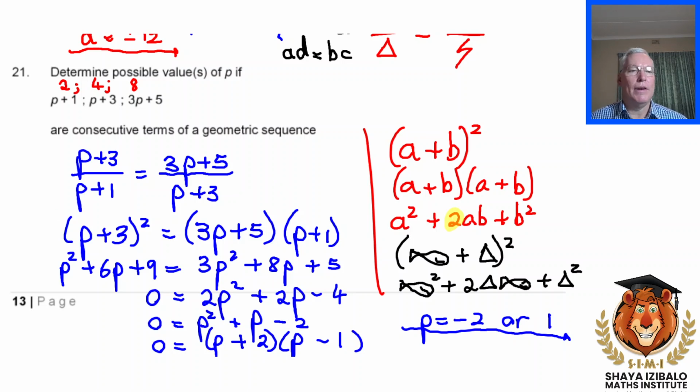Okay, now let's have a look. If p is in fact negative 2, negative 2 plus 1, negative 1. Negative 2 plus 3, positive 1. Negative 2 times 3 times negative 2, negative 6, plus 5, negative 1. Now, you may be saying, is that geometric?